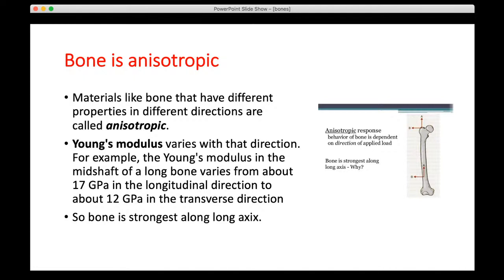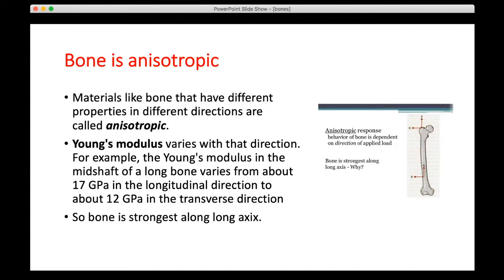Materials like bone that have different properties in different directions are known as anisotropic. Due to this, Young's modulus values on bones are also different and variable. For example, Young's modulus varies with direction. In the mid shaft, in the middle of a long bone, it is around 70 gigapascals in the longitudinal direction. On the other hand, in the transverse section, it is 12 GPa.